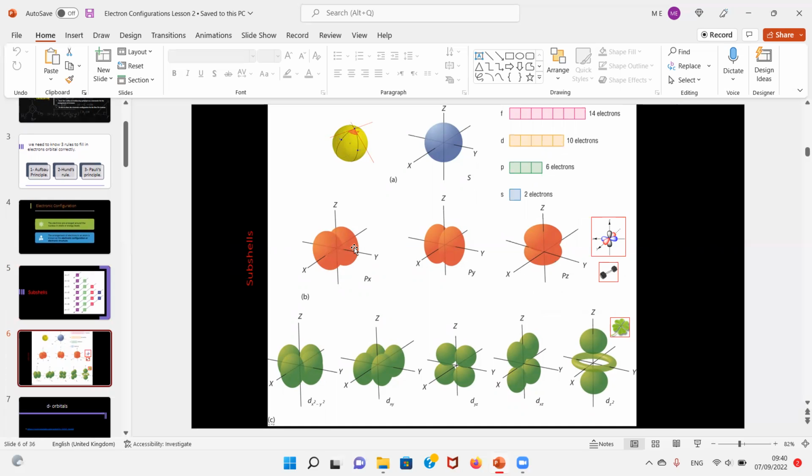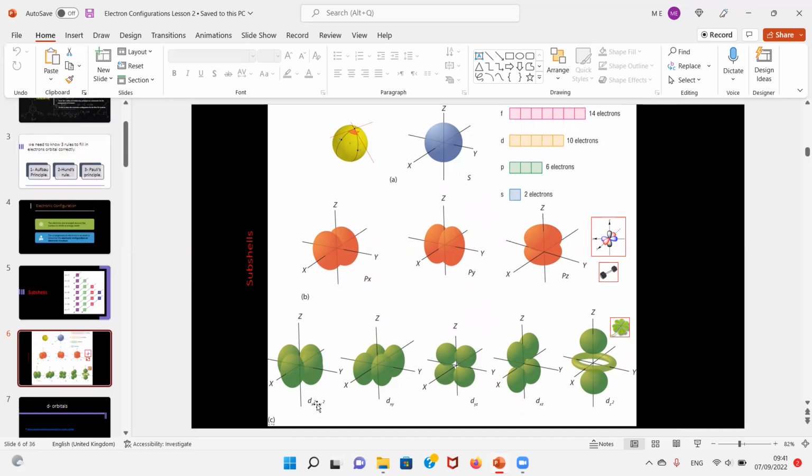Then you have the p subshell, which has 3 orbitals, the X, the Y, and the Z. And the D subshell has 5 orbitals: 1, 2, 3, 4, and 5.